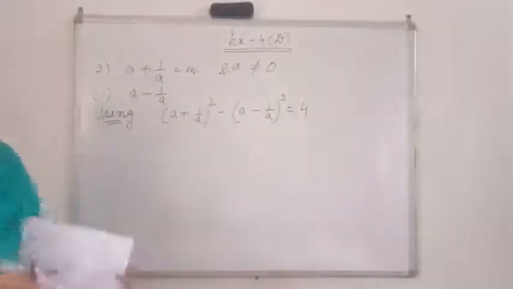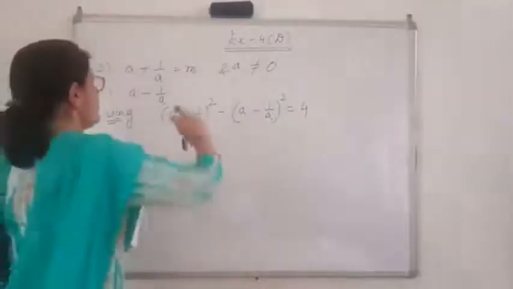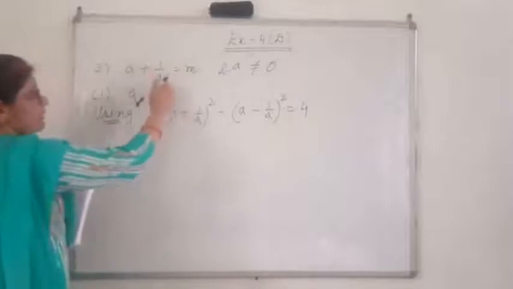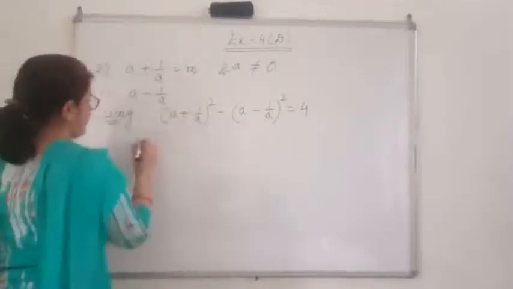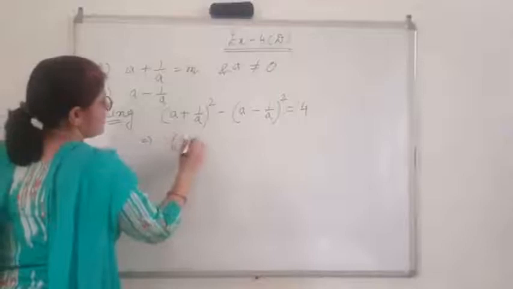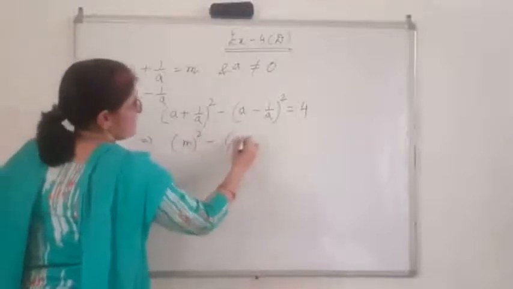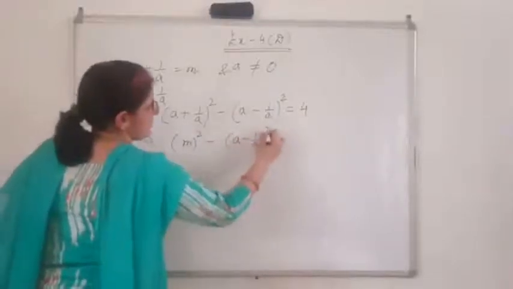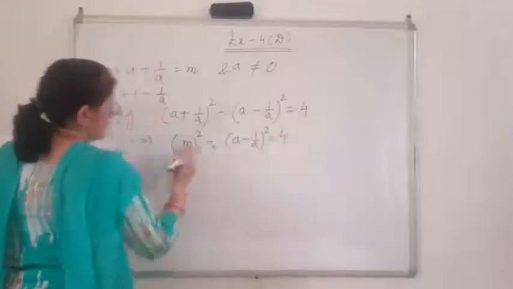We will use this identity here. So now substitute a plus 1 over a as m. So m square minus a minus 1 upon a whole square is equal to 4.